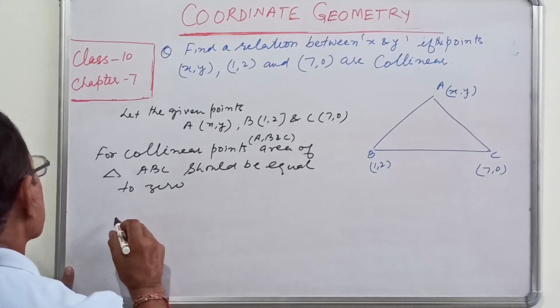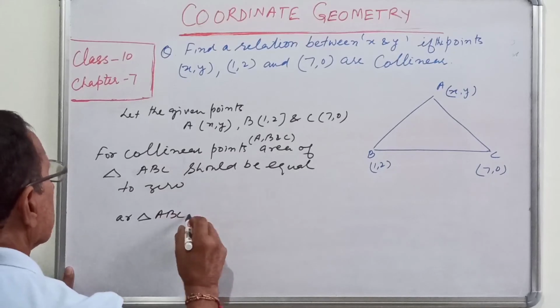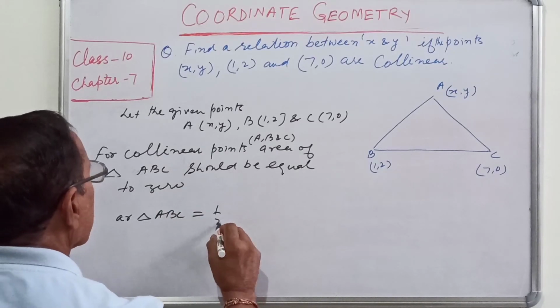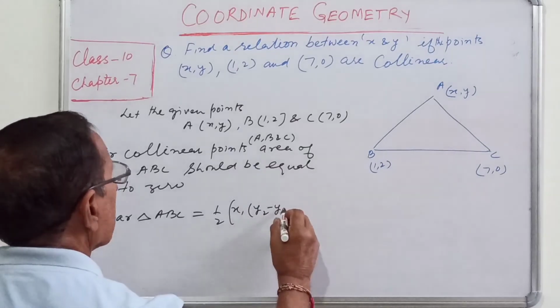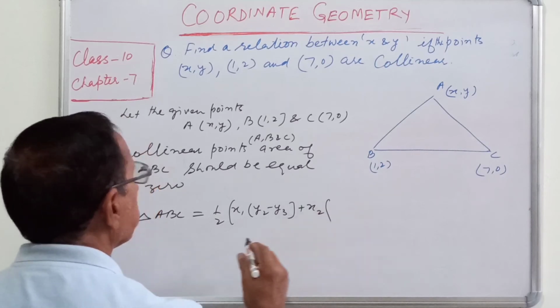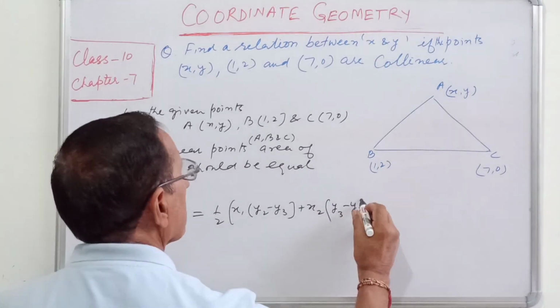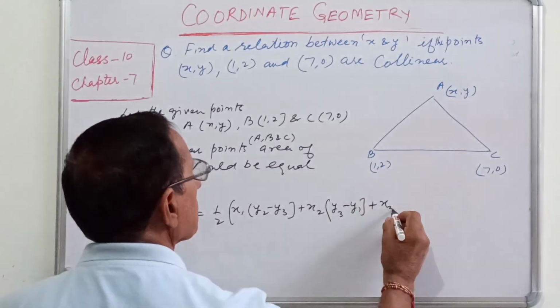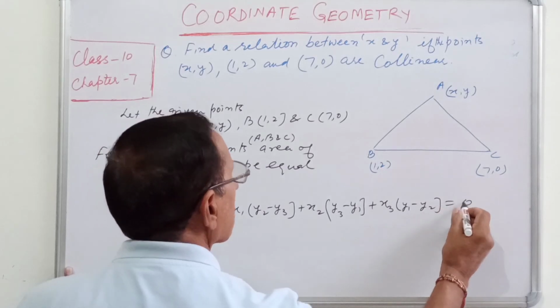Therefore, area of triangle ABC will be 1/2 into x1 (y2 minus y3) plus x2 into (y3 minus y1) plus x3 into (y1 minus y2), that will be equal to 0.